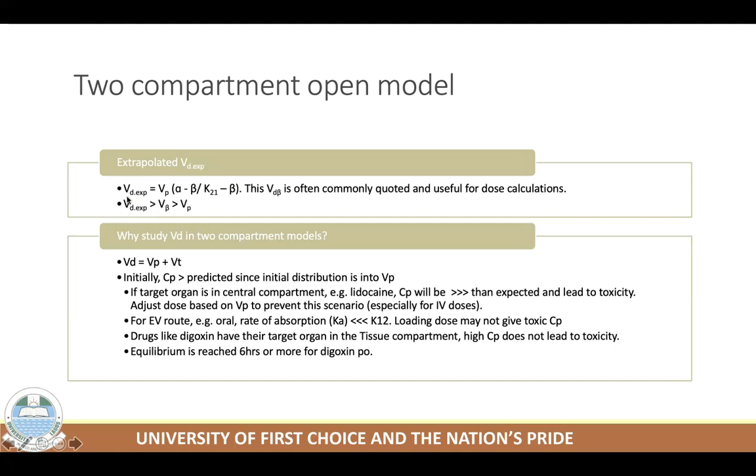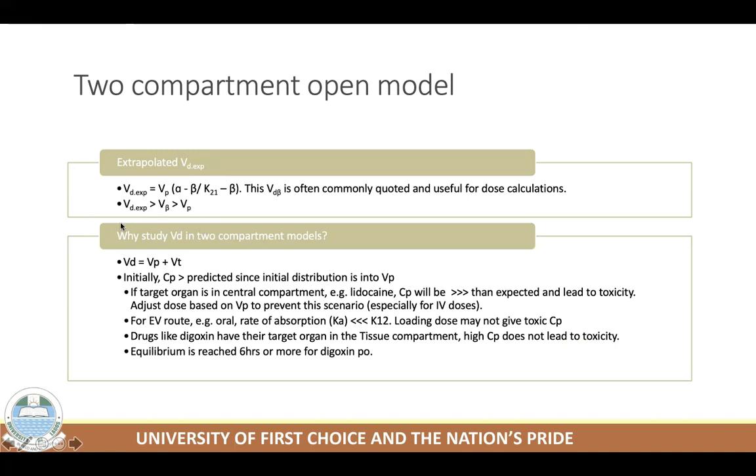So you get a volume of distribution that is large and does not take into cognizance the distribution phase when the drug is being distributed between the central compartment and the tissue compartment. It is usually larger than when we estimate volume of distribution using area under the curve, and of course that is also larger than when we estimate apparent volume of distribution in the central compartment.